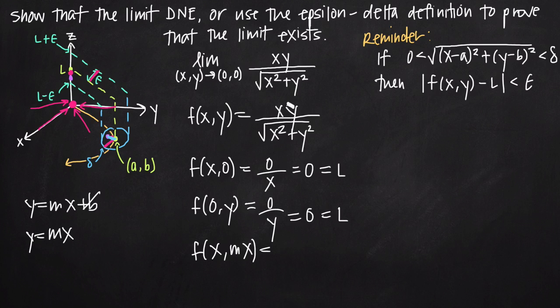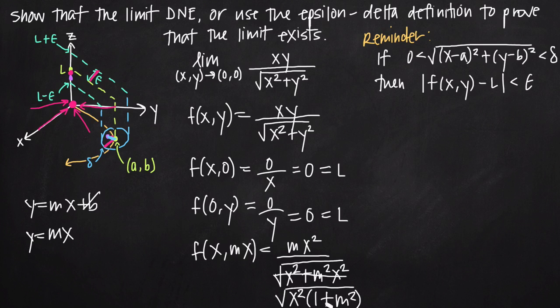When we do that, in our numerator here, we'll get x times mx, or mx squared. In our denominator, we're going to get the square root of x squared plus mx quantity squared. When we square that, we'll get m squared x squared, like this. We can factor out an x squared from underneath our square root sign, and we'll get the square root of x squared times 1 plus m squared.